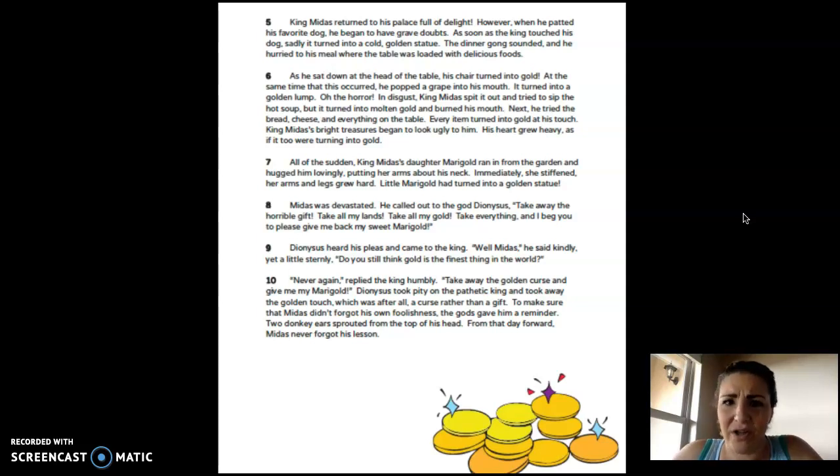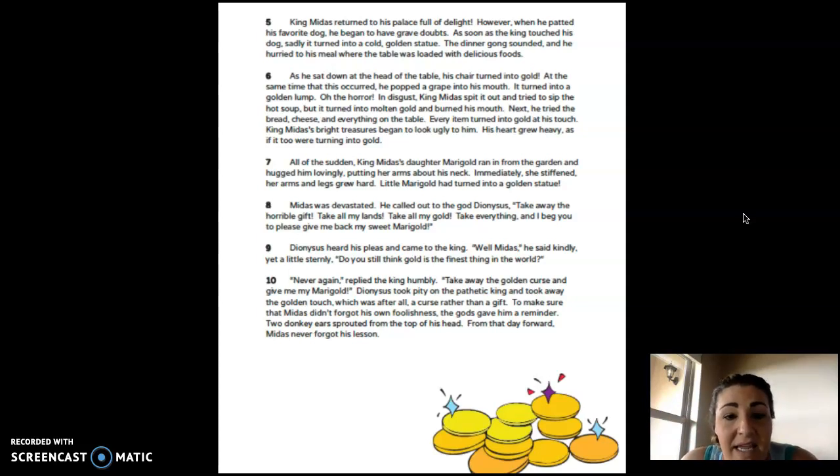These things no longer look exquisite to him. They're ugly. When it says his heart grew heavy, they're using that as a way to say his chest is no longer light and excited, like, oh, I love this. It's growing heavy, sad, upset, as if his heart were almost turning to gold. Because gold is heavy, it's not lightweight.